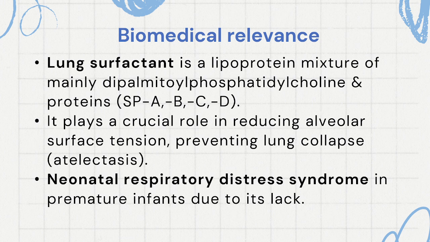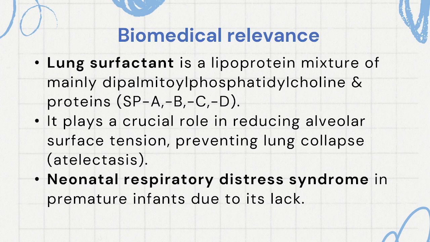For example, neonates that are born prematurely have not yet had the chance to form adequate amounts of surfactant. They will have trouble breathing, and they will experience collapse of the lung alveoli because they are lacking the surfactant.